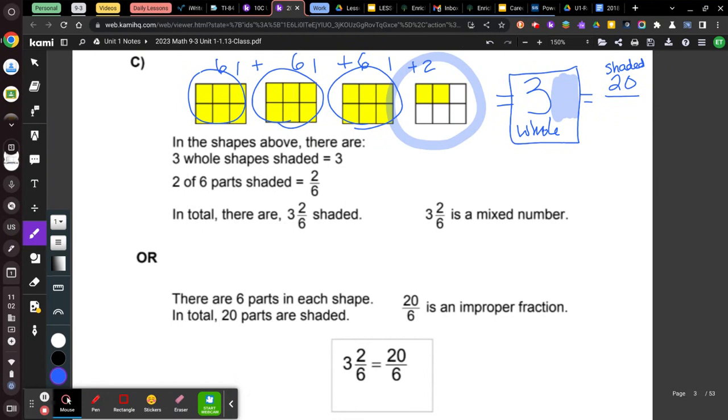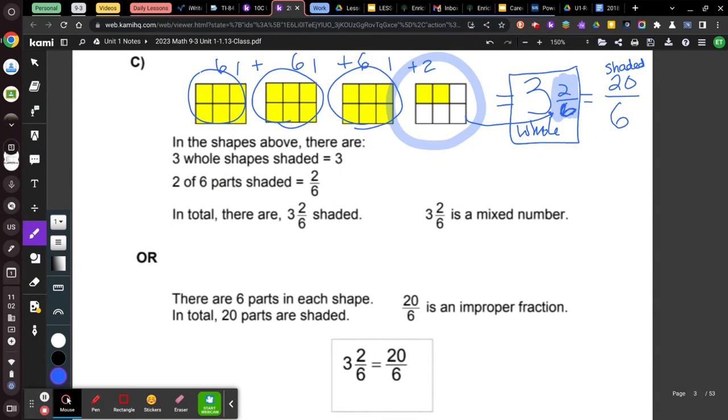Good. So 2 out of 6 squares are shaded in the leftovers. That should be a 6 there. Now, if I count, each object there is divided into how many parts? 6. So that would be my bottom.